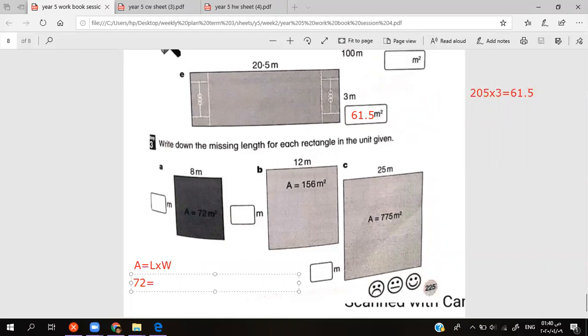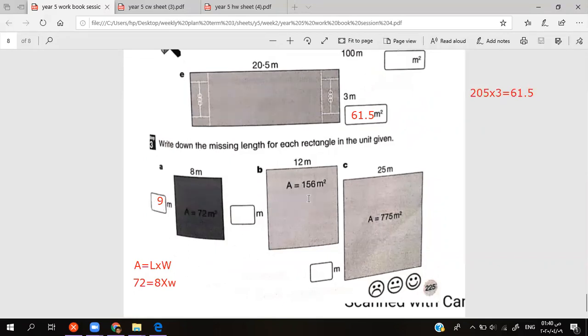And the length is what? 8. It doesn't matter if it's the length or width. Now I need to get the other side. Okay? And I ask myself, 8 times what gives me 72? Definitely times 9. So this side is equal to 9.